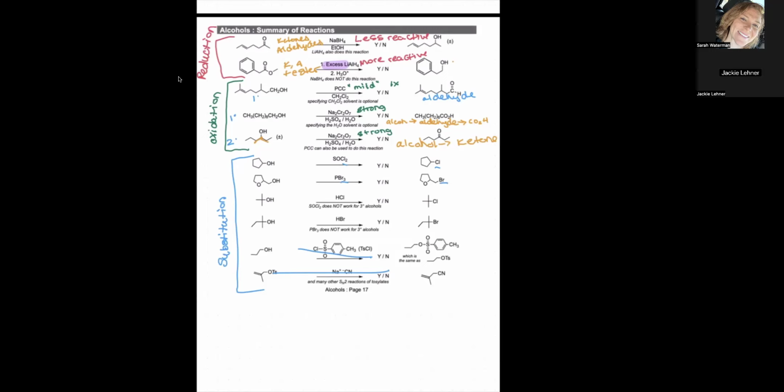Because I have another one that's kind of similar on here. Okay, so you want to know the difference between using SOCl2 and what HCl would be on this one? And TsCl as well?